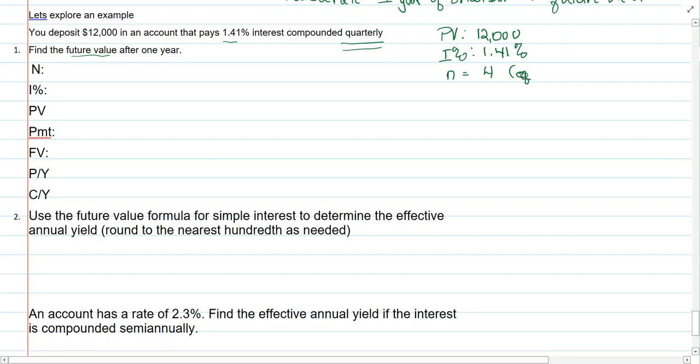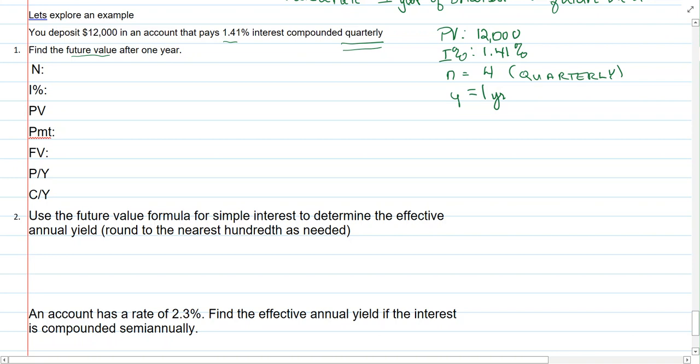I'm trying to print so that nobody has difficulty understanding. And I'm sorry, I'm doing my best. Okay. And then we have compounding quarterly, and we want it for 1 year. I should have put a T there, but you get it.